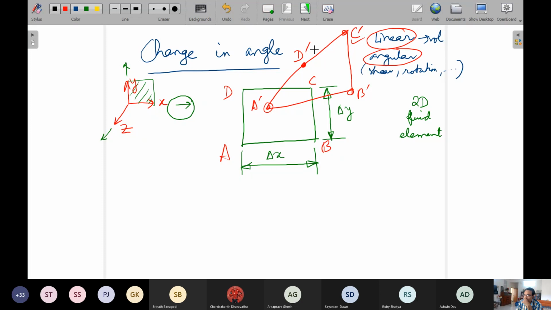So absolutely arbitrary, some change has taken place over a time delta t. Purposefully, I have not given it a very regular geometric shape, just to give you an idea that deformation of fluid will not be constrained by any regular shape.